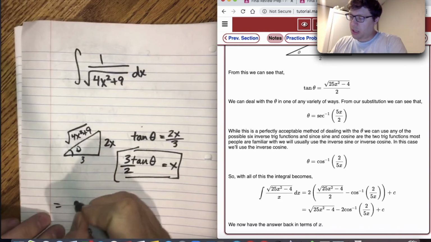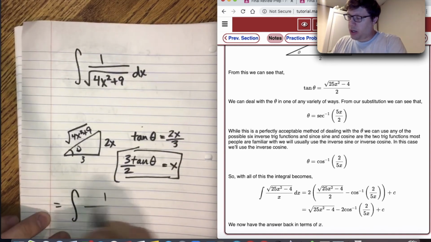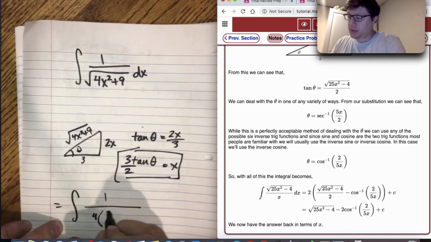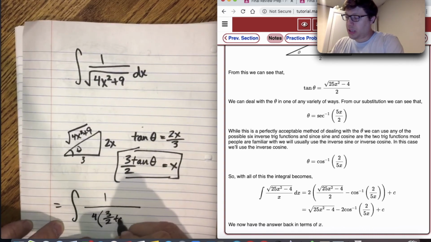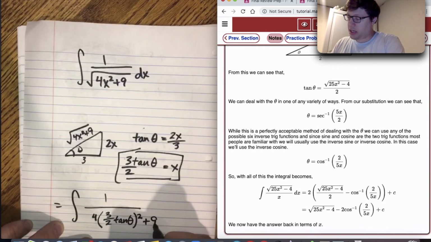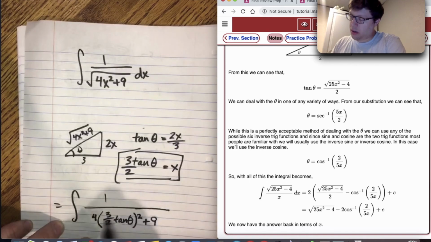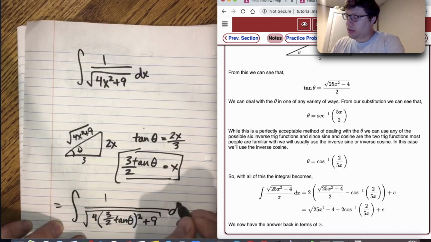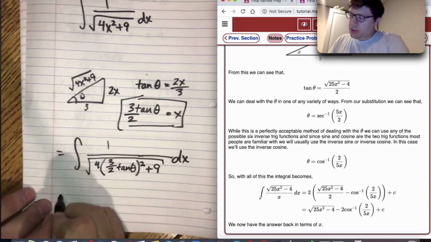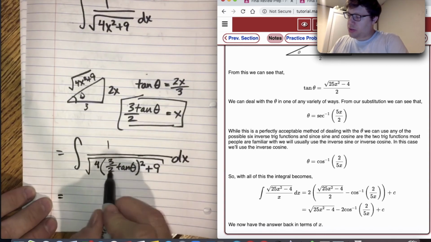So that's going to be the integral of 1 over the square root of 4 times (3/2 tangent theta) squared plus 9. Man, it looks like the problem got longer. Okay, so 3 is squared, 2 is squared, tangent is squared.